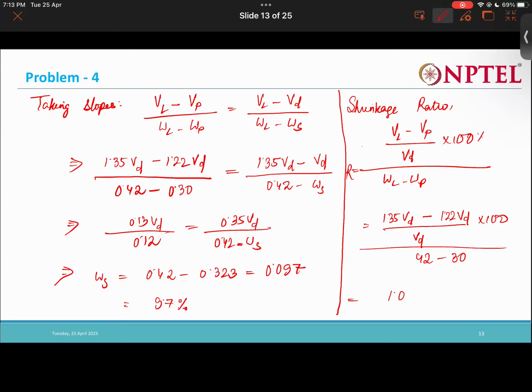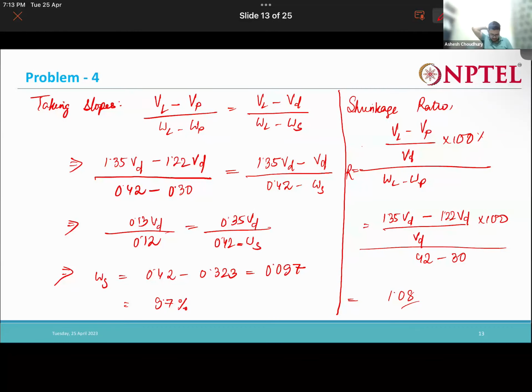So 1.08, 1.08. Okay, so we have solved it.